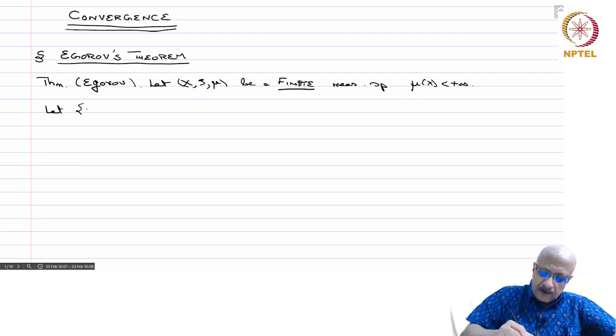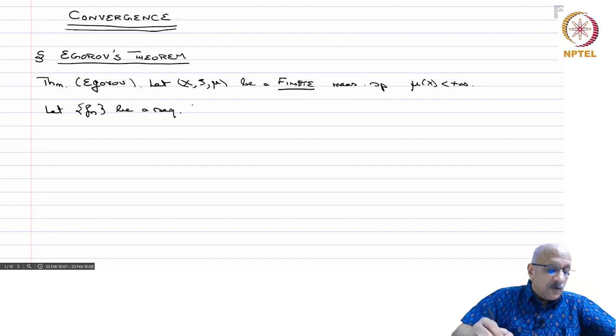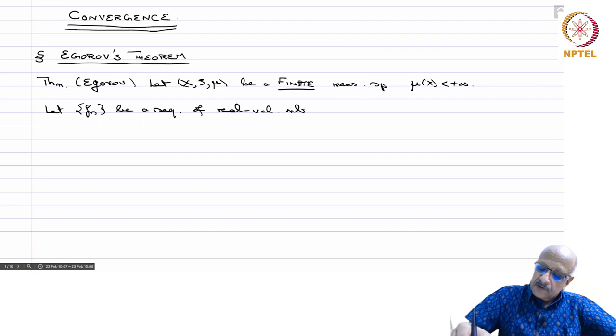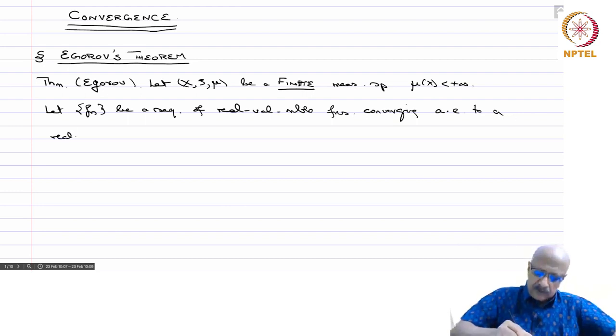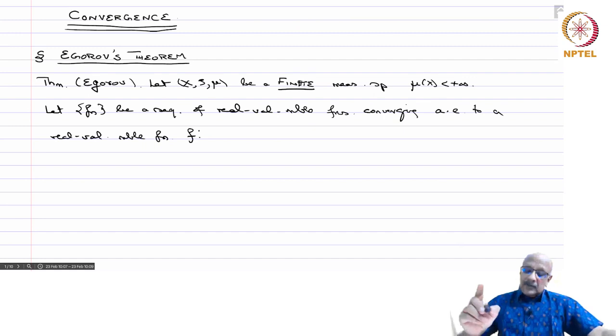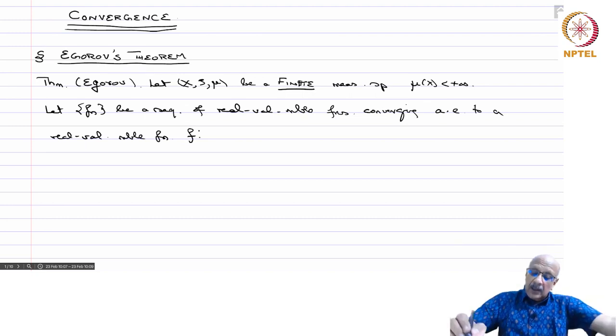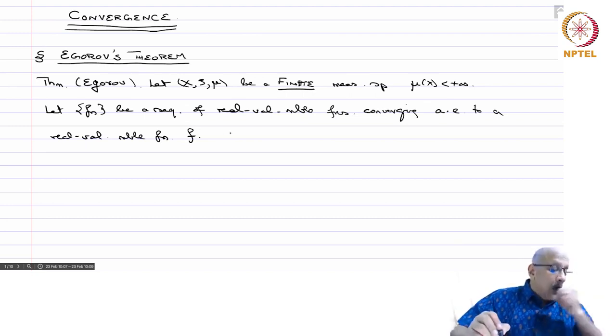Let f_n be a sequence of real valued measurable functions converging almost everywhere to a real valued measurable function f. So we saw in the exercises that if mu is not complete, then it's not necessary that f be measurable. So we are now specifying that the limit is also a measurable function.